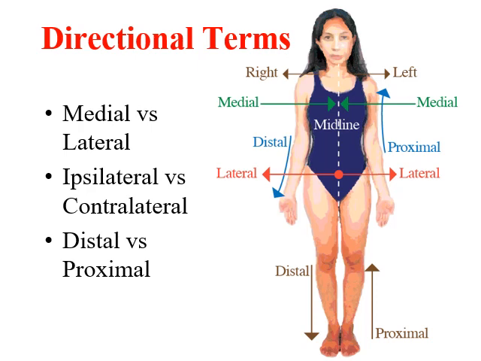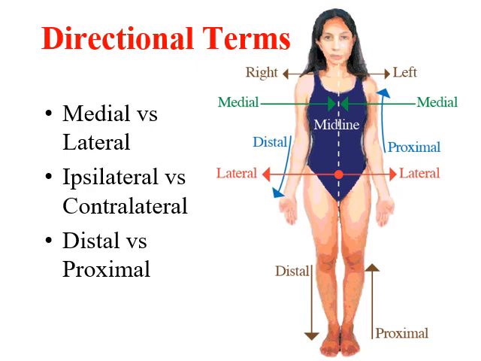We can say the nose is medial to the eyes, or the eyes are lateral to the nose. We can say the heart is medial to the lungs, or the lungs are lateral to the heart. We can say the stomach is medial to the spleen, or the spleen is lateral to the stomach. This means the spleen is farther from the midline than the stomach.